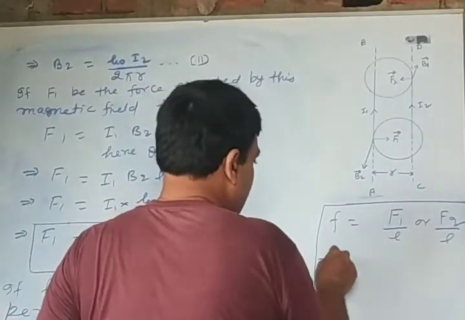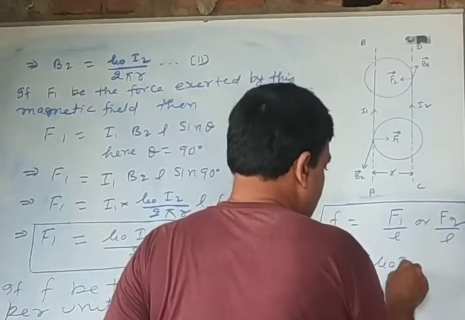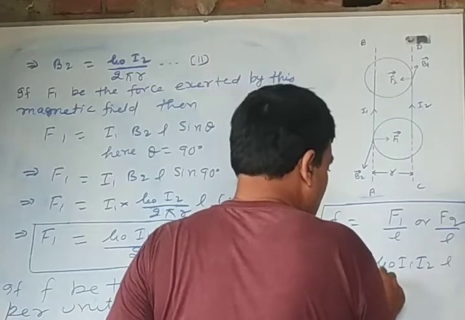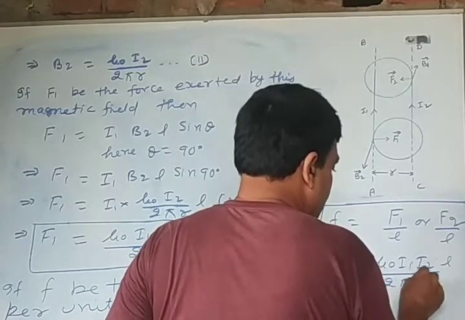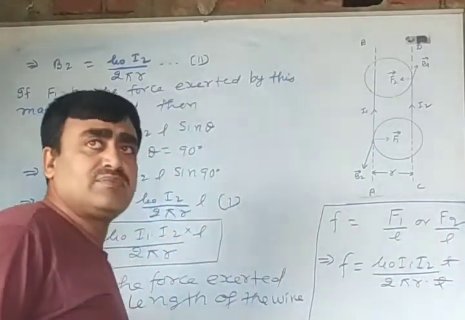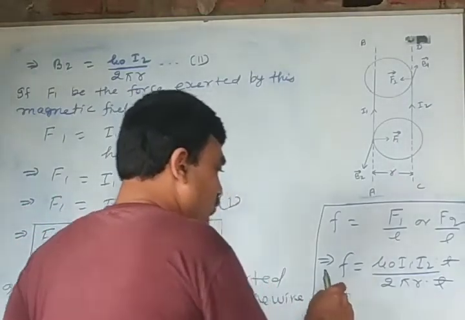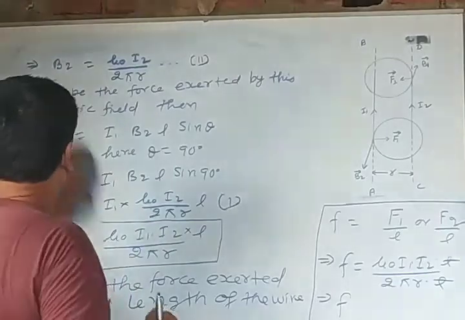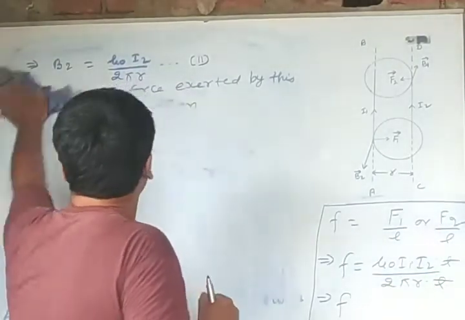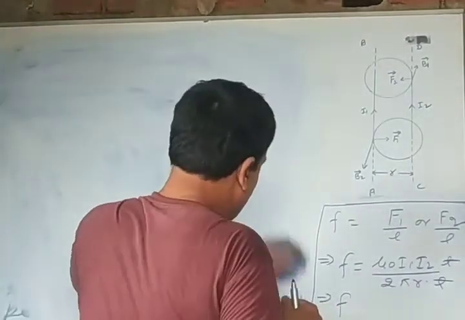Therefore f is equal to mu naught I1 I2 into L upon 2 pi r into L. This L cancels with this L, therefore f is equal to mu naught I1 I2 upon 2 pi r.